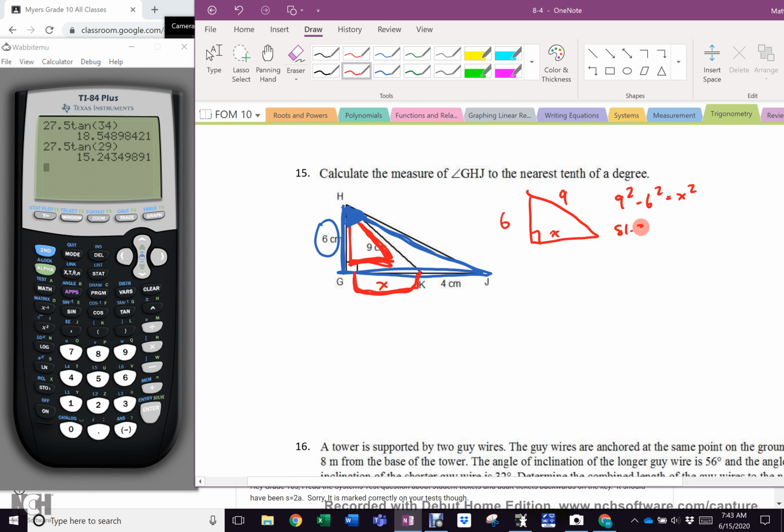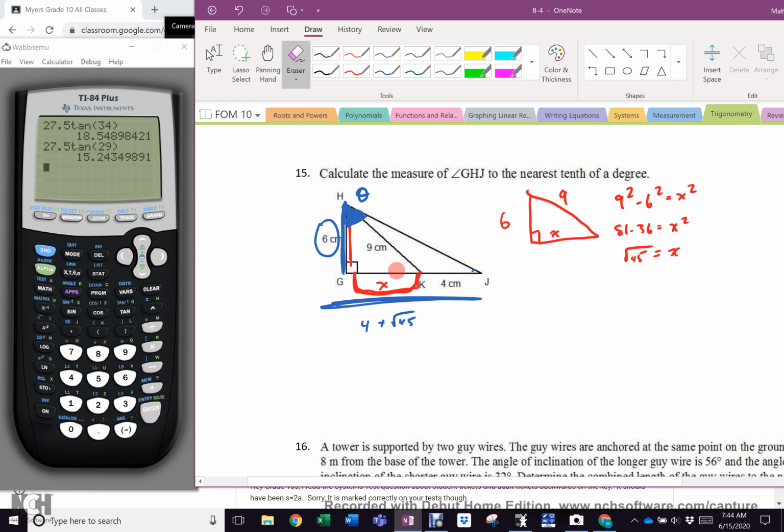So 81 minus 36 equals x squared, so x equals the square root of 45. That makes this whole side 4 plus root 45, which means right here is my blue theta.